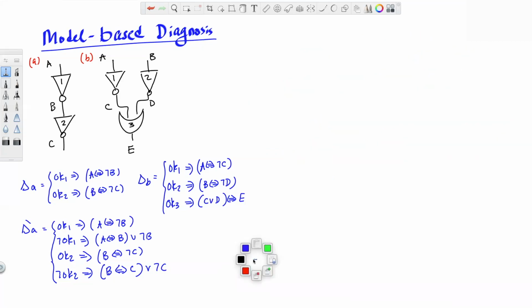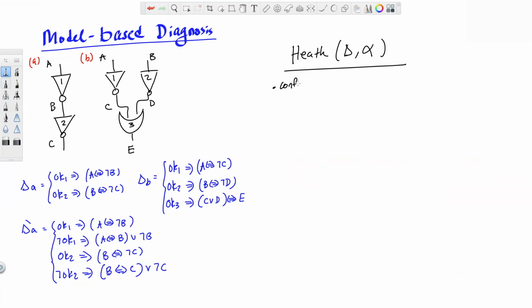Here's the thing. We have the health condition of some system description and observation. What people defined is the notion of a conflict, and the notion of a minimum conflict, and the notion of a partial diagnosis, and the notion of a kernel diagnosis.